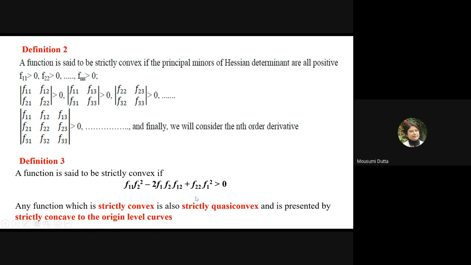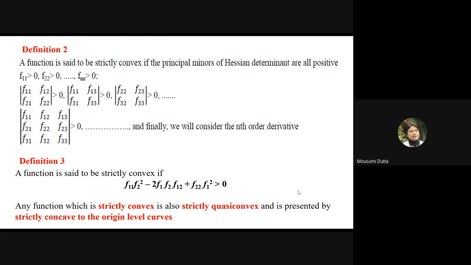The f1, f2 will appear in the context of the bordered Hessian determinant, which we will use in case of constrained optimization. Therefore, I mentioned this definition too. So a function is strictly convex when this condition holds. Here I am bringing the first order derivatives along with the second order derivatives.